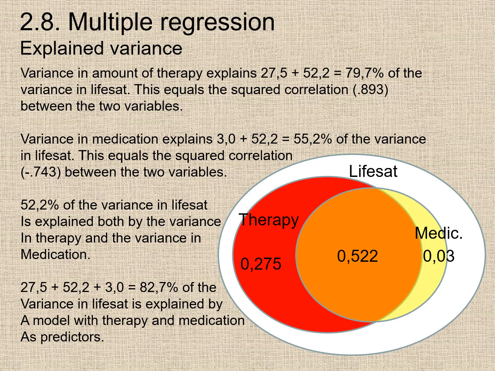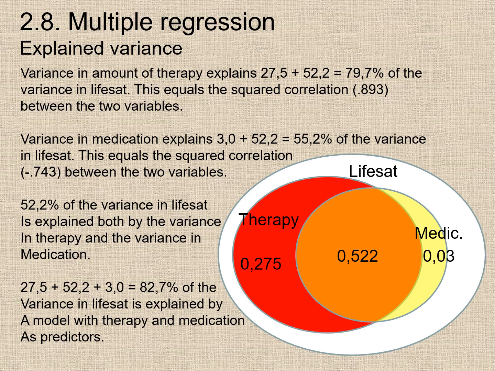So if we add those two, I took them from the hierarchical output, 27.5 and 52.2, we get 79.7%. That's how much of the variance in life satisfaction can be explained by therapy.